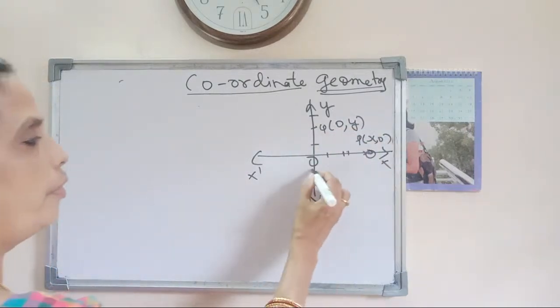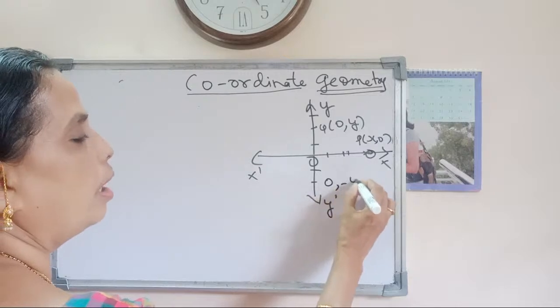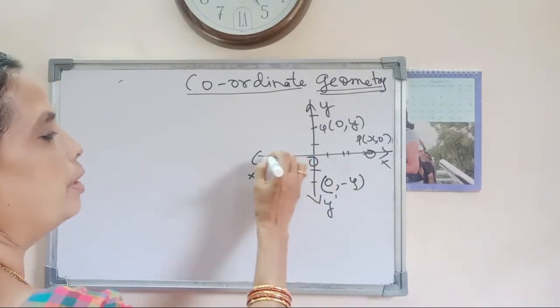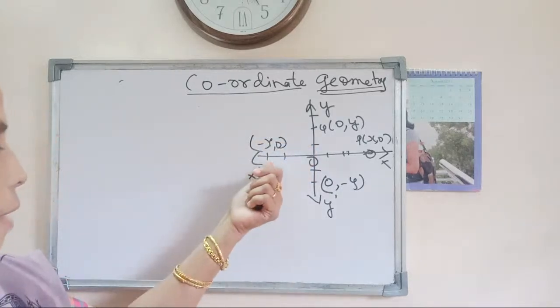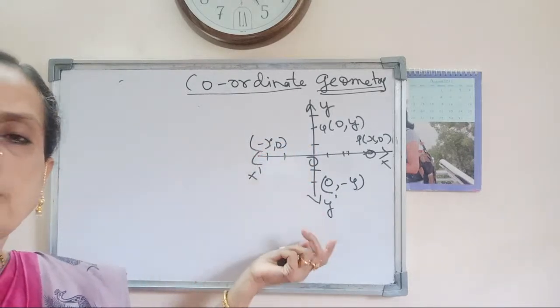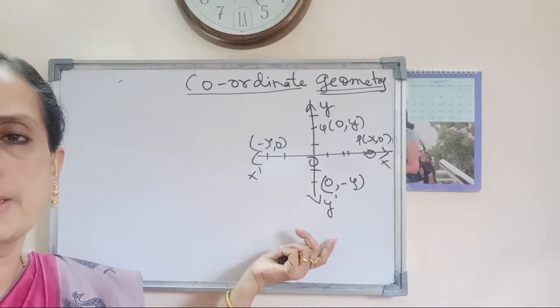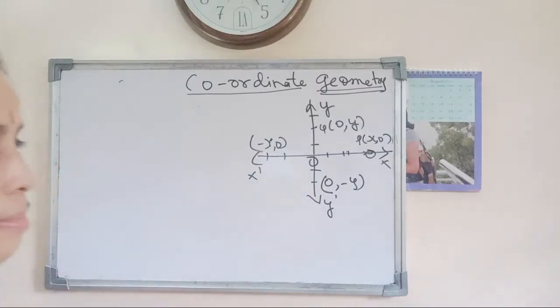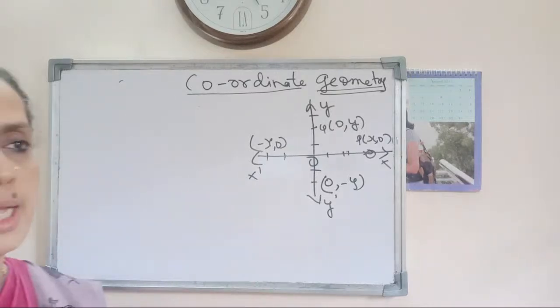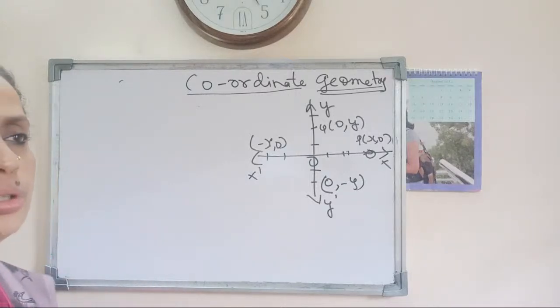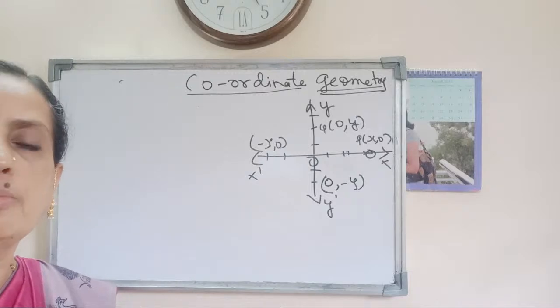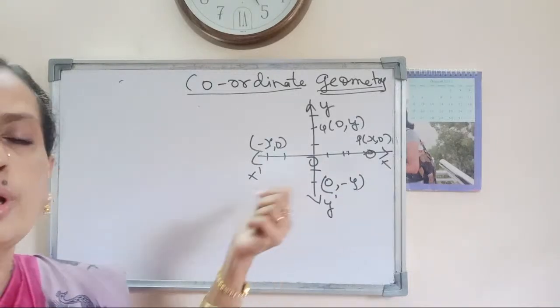You may have the negative 0 comma y also, negative x comma 0, which is on the left side of the x-axis, down part of the y-axis. And in the question, if they mention the points P and Q are equidistant from the point on the x-axis, how to locate the distance, how to find the unknown, how to get the points on the x-axis or y-axis.